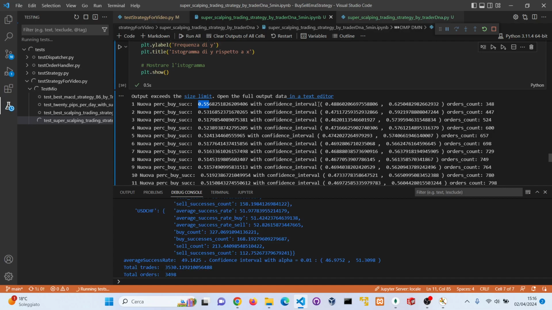But the confidence interval doesn't go past 50%, which is the average success rate needed to break even. So this strategy would have been profitable, but not, and that's very important, statistically profitable.